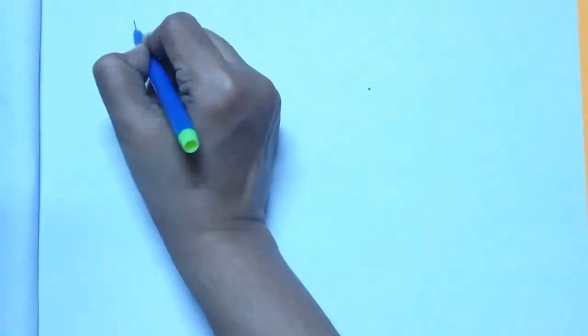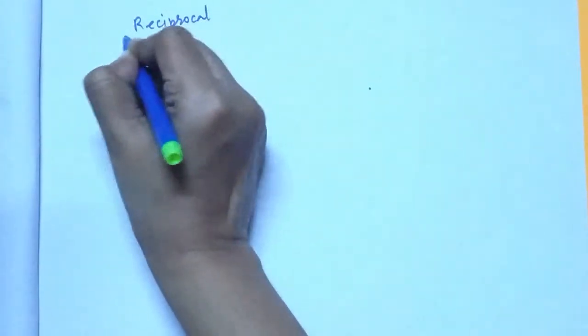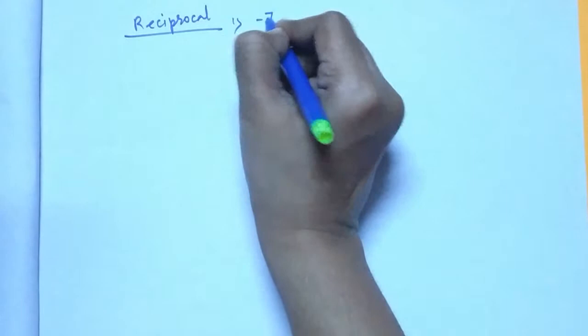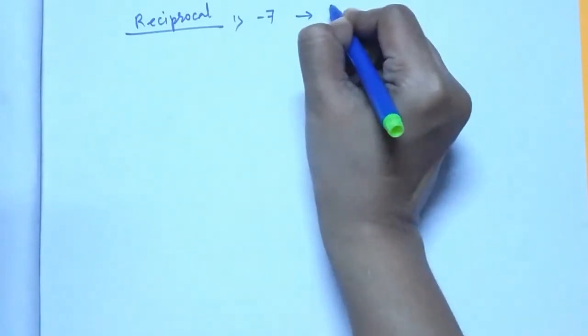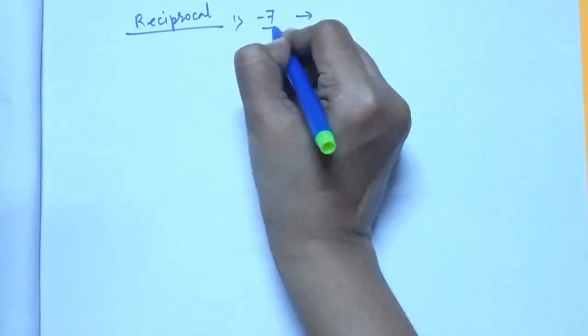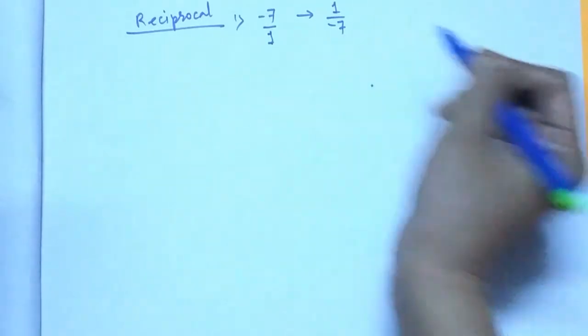Next we will see, for example, the reciprocal of minus 7. The reciprocal of minus 7 is going to be, you can write minus 7 upon 1, so it's going to be 1 upon minus 7.